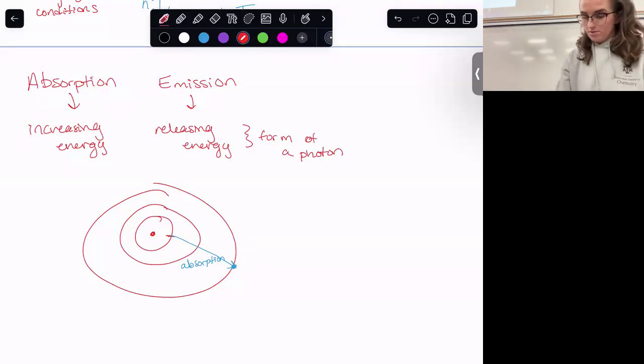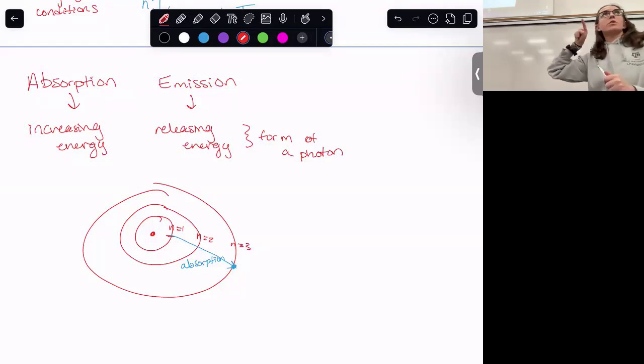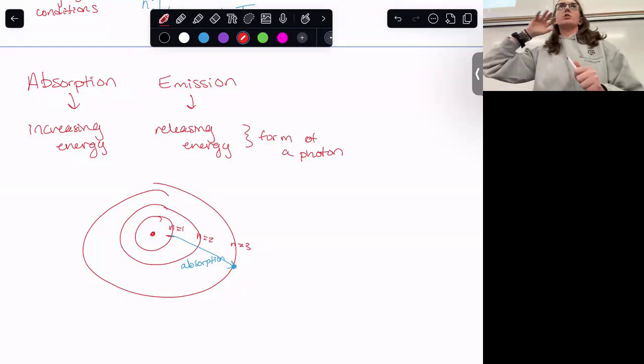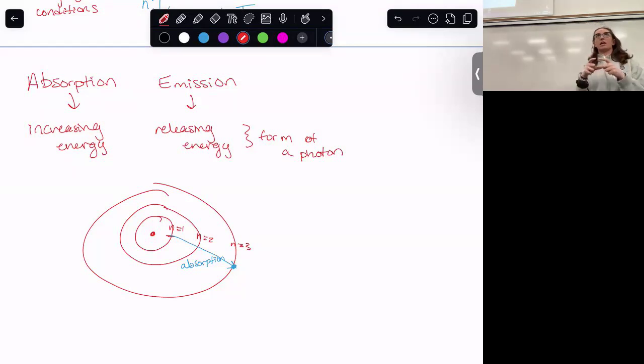Anywhere on that n=3 circle is all the same energy. Energy is quantized, and so it remains the same for a certain distance away from the nucleus. The energy at n=1 might be 100, at n=2 might be 500, and at n=3 might be 2000. So energy has to be gained in order to go from n=1 to n=3.